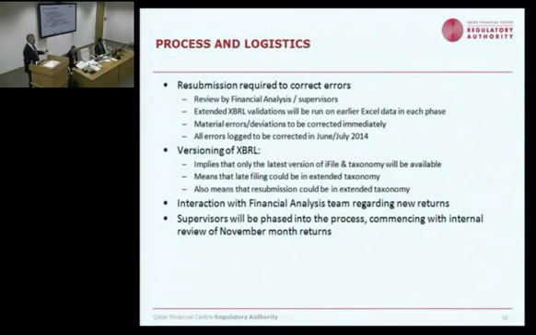Versioning of XBRL, I think it was mentioned, maybe not as vociferously as yesterday, but it was mentioned that the penalty regime obviously does not apply to the returns in the parallel run, which is great. But there is a hidden penalty. The hidden penalty is that because we are developing the taxonomy, in the future, once we have issued our final taxonomy, that version will be version 1.